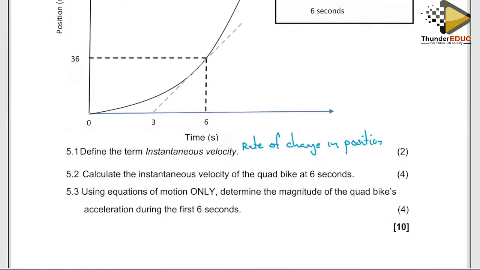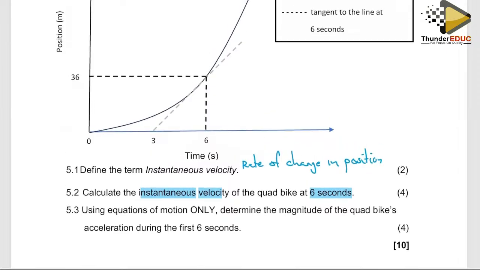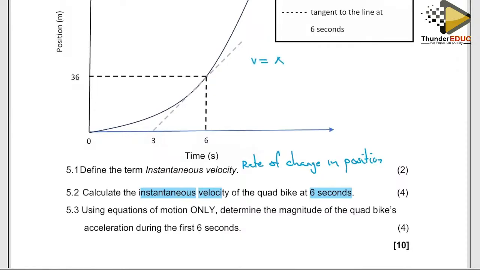Then after that you are asked to calculate the instantaneous velocity of the quad bike at 6 seconds, right? For us to calculate this, according to the formula, v is equivalent to delta x over delta t.